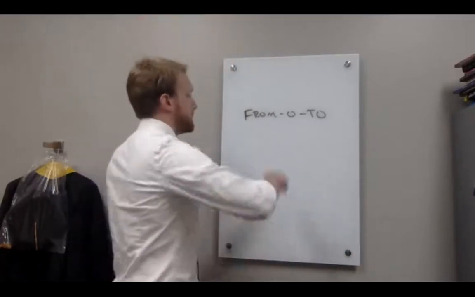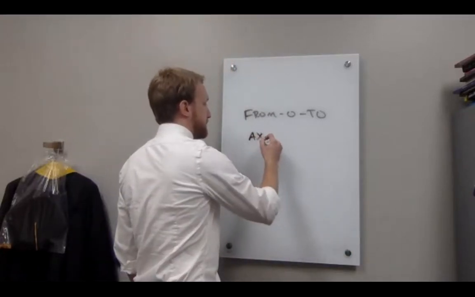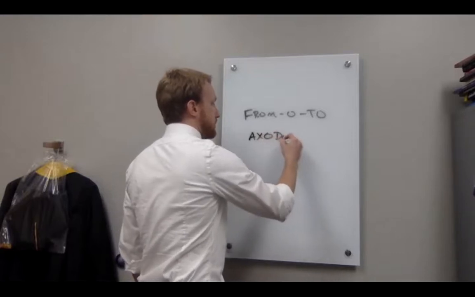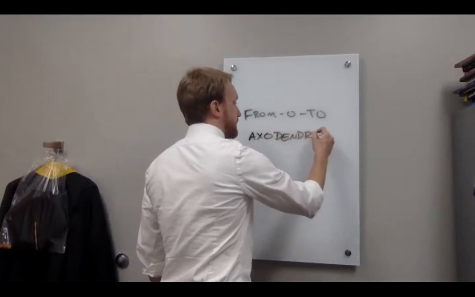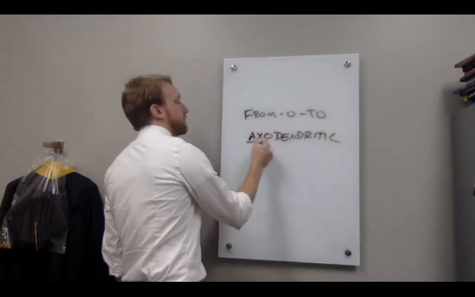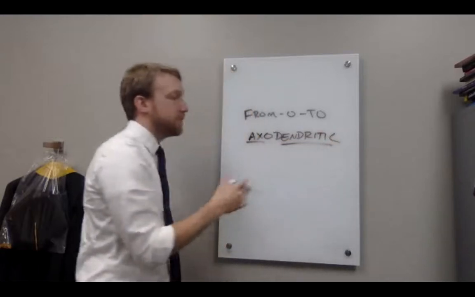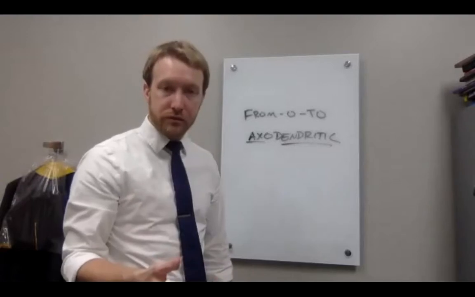The most common synapse is going to be axodendritic. Axon to dendrite. This is telling you about the flow of information, generally speaking.